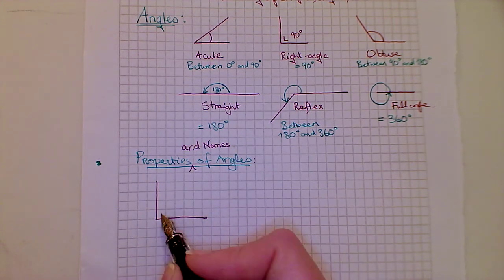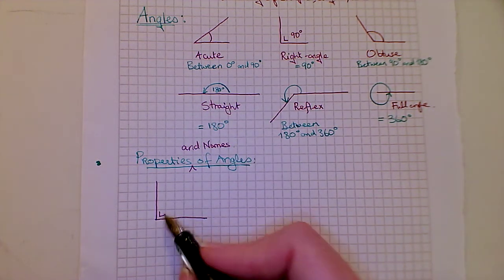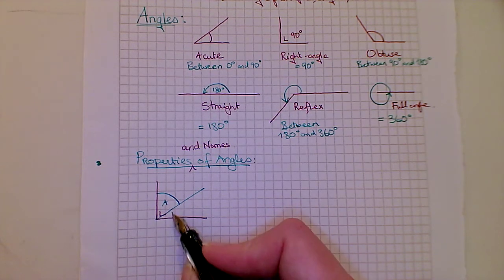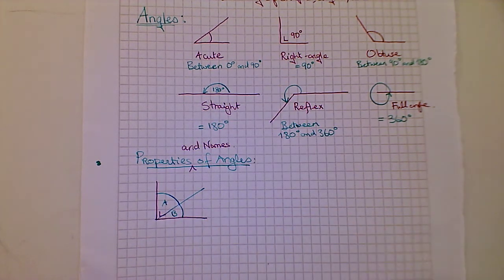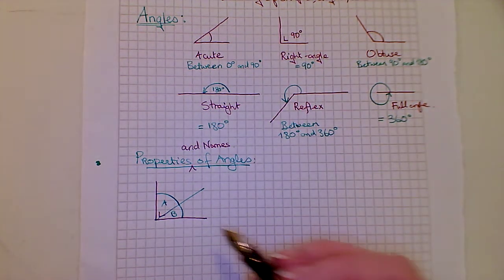If we have 90 degrees like this, and we split it into two angles, and let's call them A and B, then we have a special name for those two angles. We say that they are complementary angles.